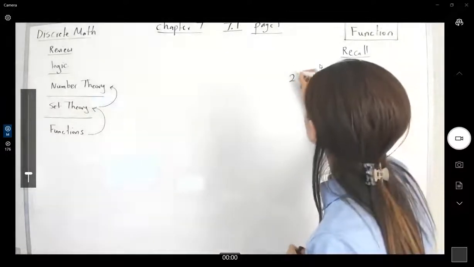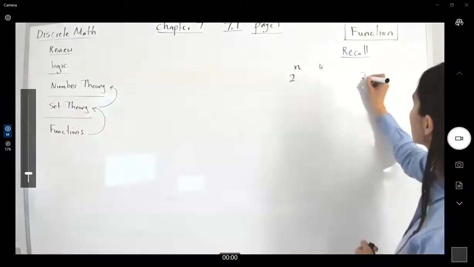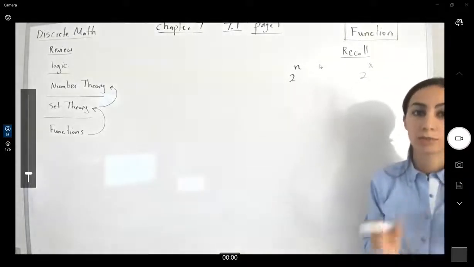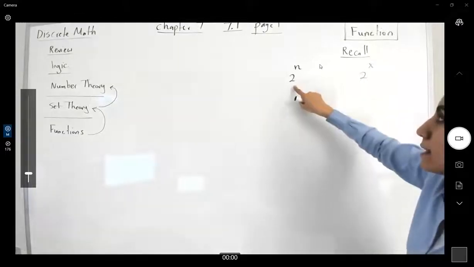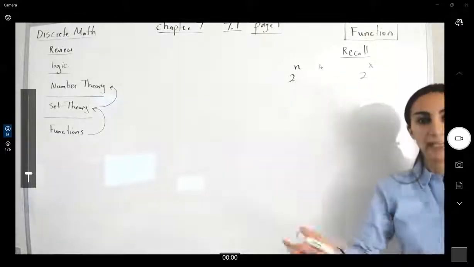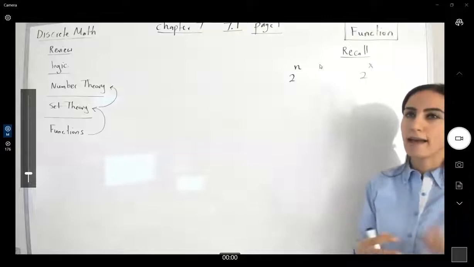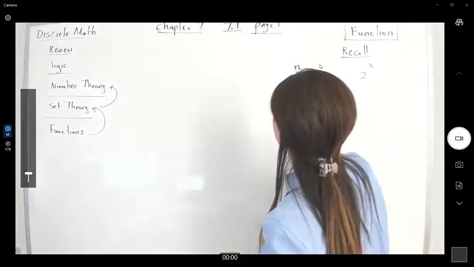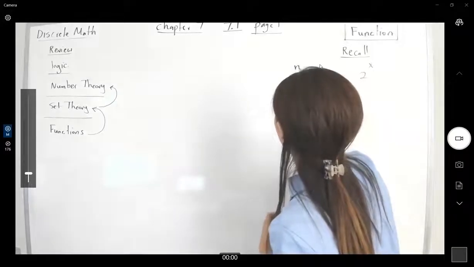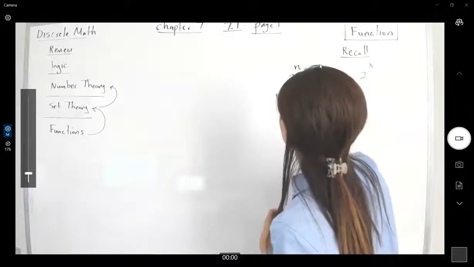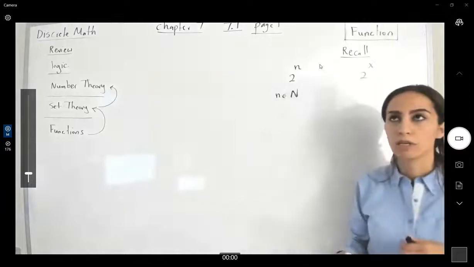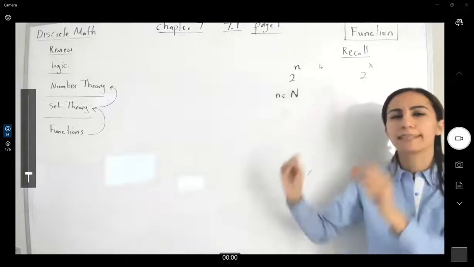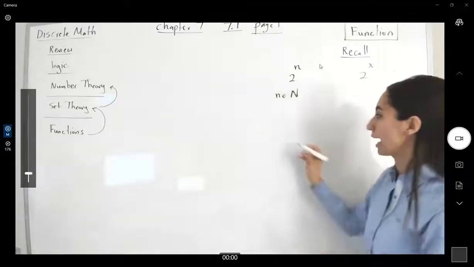So recall that we have 2 to the n and 2 to the x as 2 different types of functions. You have 2 to the n, where n is a natural number, so it doesn't take on all values in between 1 and 2, in between 2 and 3, in between 3 and 4. You see gaps on the horizontal axis.